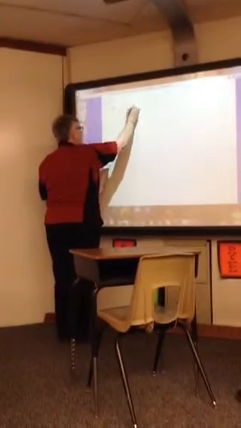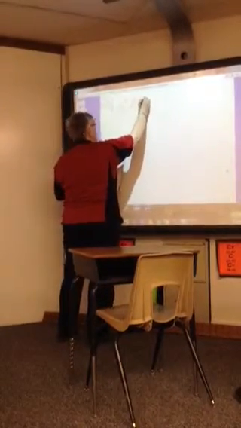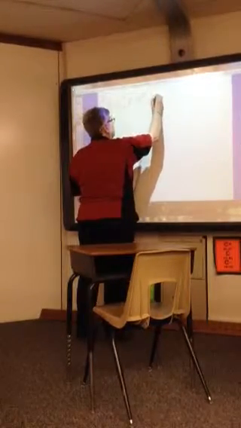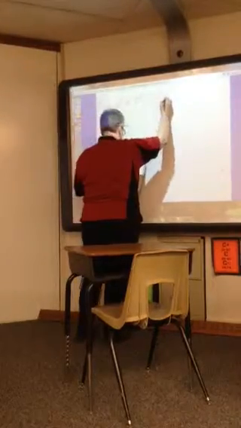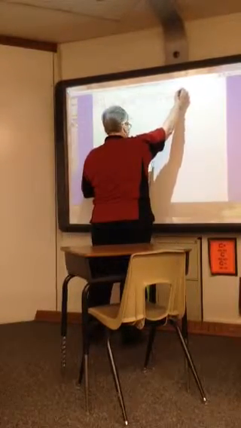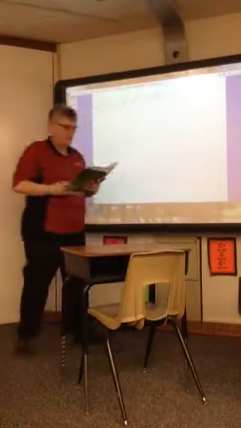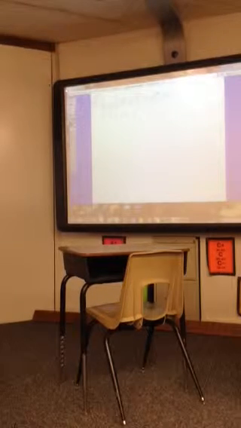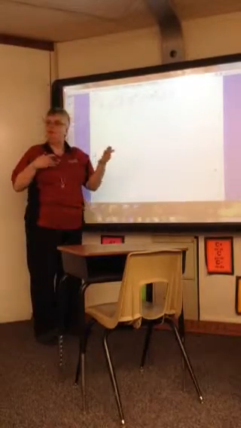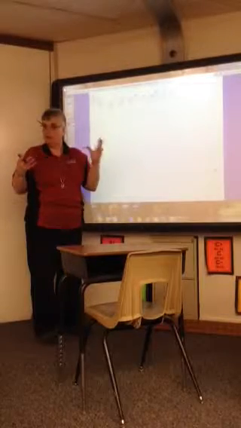you can put your notes away. They say order the numbers in each list from least to greatest. Now, when you order these, you really need to see what they are in standard form.